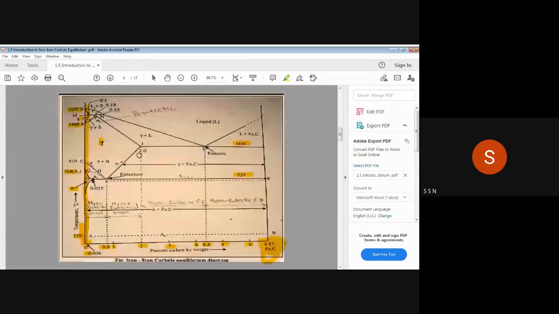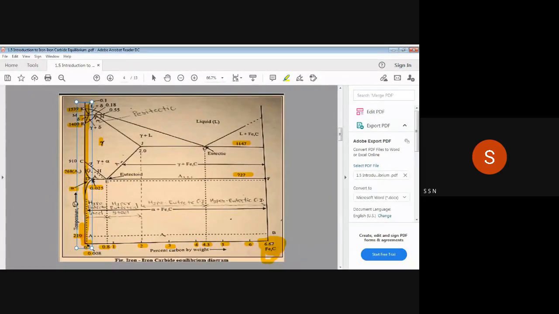So you can observe here. Alpha phase I have represented not only for this vertical line, but next to this vertical line also, as the percentage of carbon is increased from 0.008 to 0.025 here up to this A1 point. Whatever phase you are observing here, or whatever small gap you are observing, there you are getting the alpha ferrite.